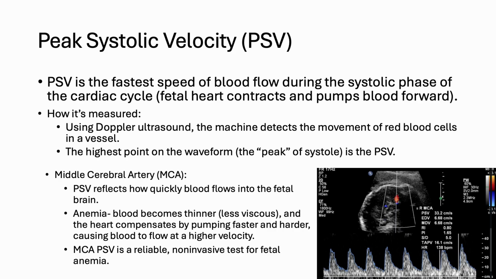Another test they can do, depending on what is happening: if anemia is caused by isoimmunization or Rh incompatibility, that causes a breakdown of the fetal blood, and that can cause higher bilirubin levels, and they can actually test it through the amniotic fluid, which again would require an amniocentesis.